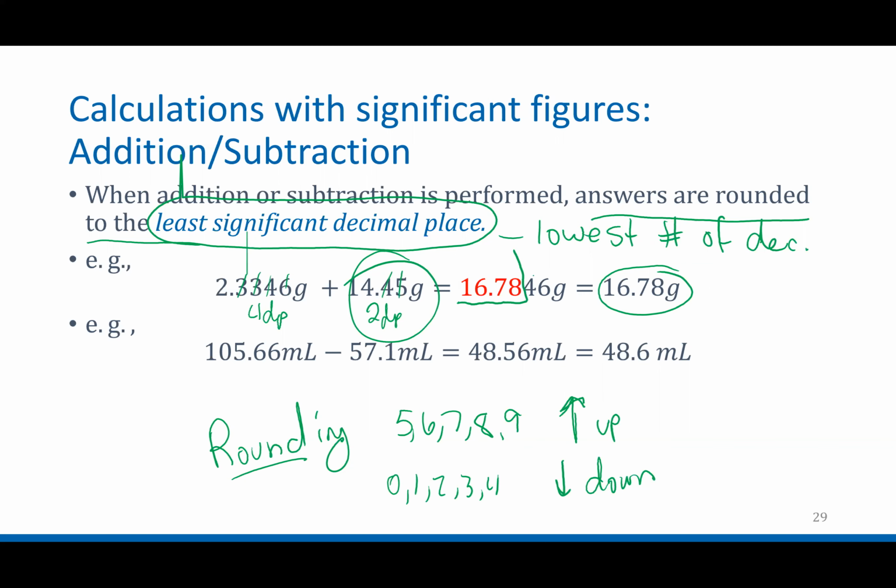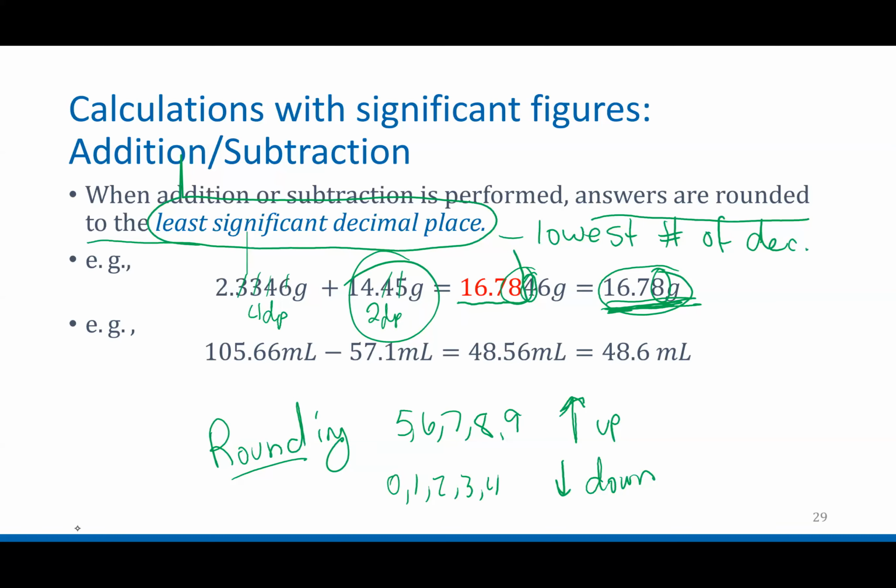So because this number is a 4, I keep my answer the same. That's called rounding down. A good way to think about it is if you had 84 reals in your pocket, technically that's closer to 80 reals than it is to 90 reals. So I keep this as an 8. So there's my answer.